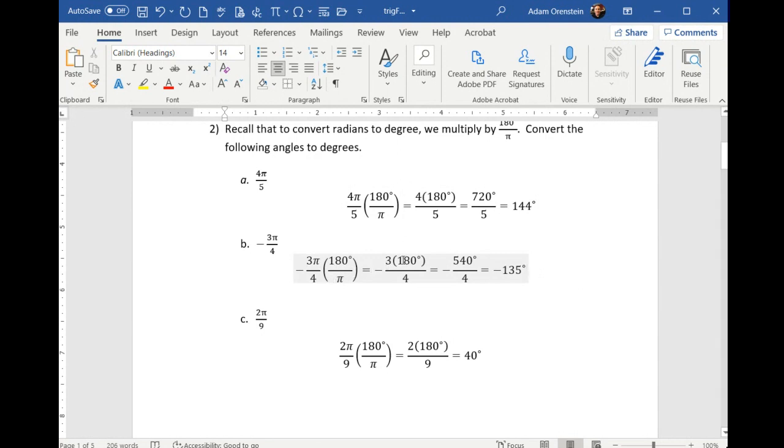You have minus 3 times 180 degrees over 4. After the pi's cancel and you multiply, you get negative 540 degrees over 4. You can actually do this calculation and get negative 135 degrees. So we get that.